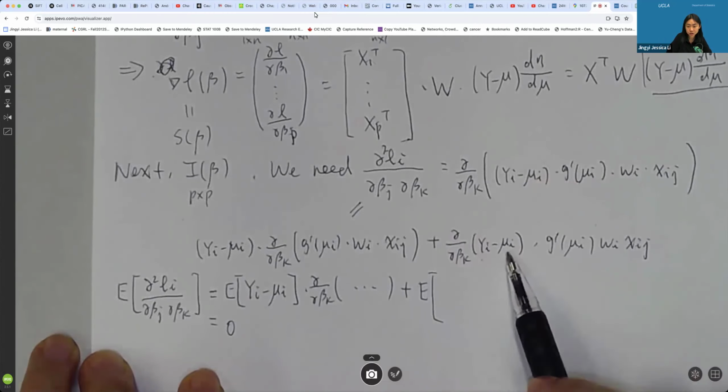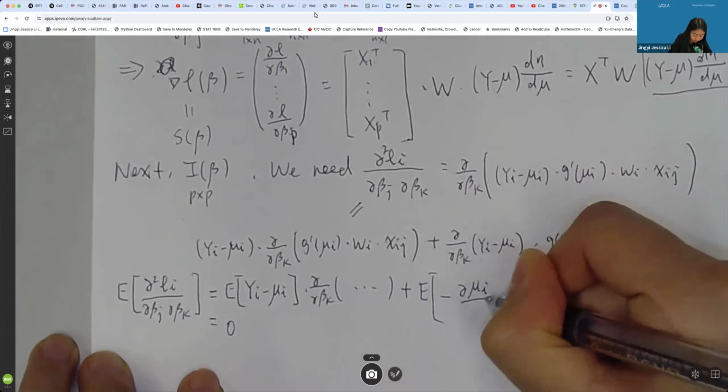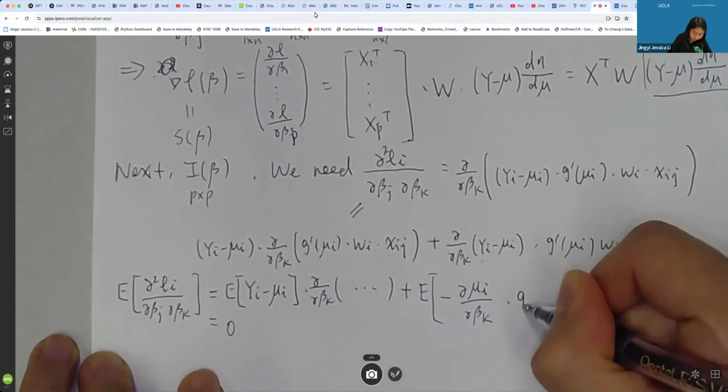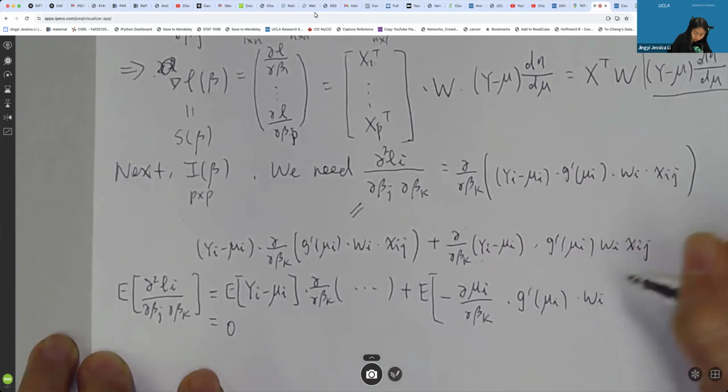When we do the differentiation, I'm left with partial mu i partial beta k, times g prime mu i, wi, the weight, xij.